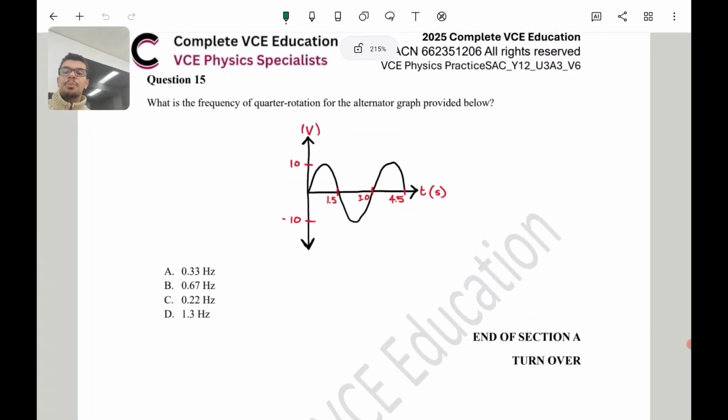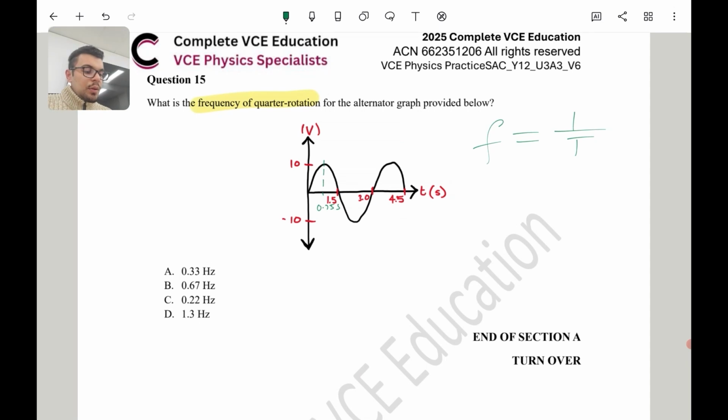Question 15. What is the frequency of coil rotation for the alternating graph provided below? So here, guys, we know that the frequency is equal to 1 over the period. Okay. Now we're looking for the frequency of a quarter of a rotation. So looking at this, well, 1/4 of rotation is going to be 0.75 seconds.